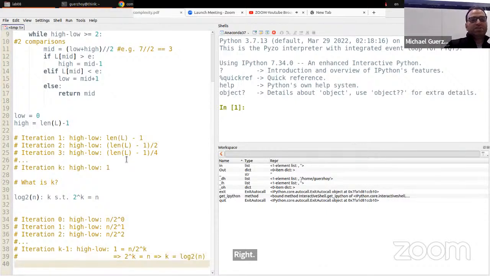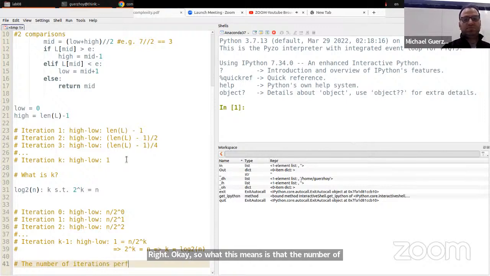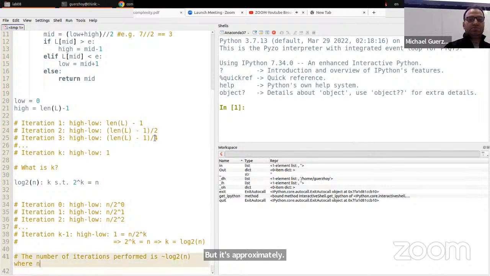So what this means is that the number of iterations performed is approximately, there is some approximation here because it's not exactly over 2, it's in fact a little bit less, but it's approximately log 2 n, where n is the length of the list in the worst case.